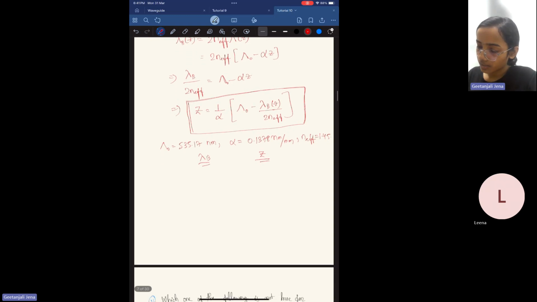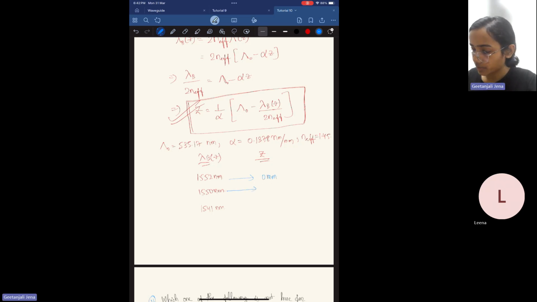So that means we can easily use the expression to find out the z. So lambda B is 1552 nanometer, 1550 nanometer, and 1541 nanometer. If you use this expression, you will see that this will be reflected at the input end.